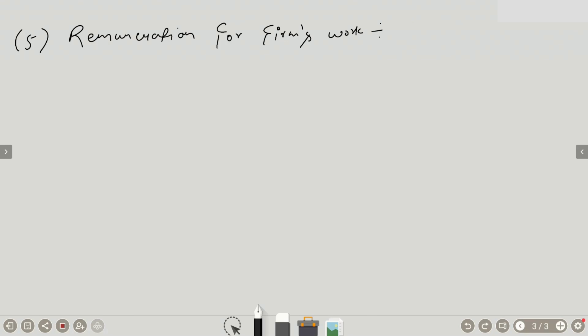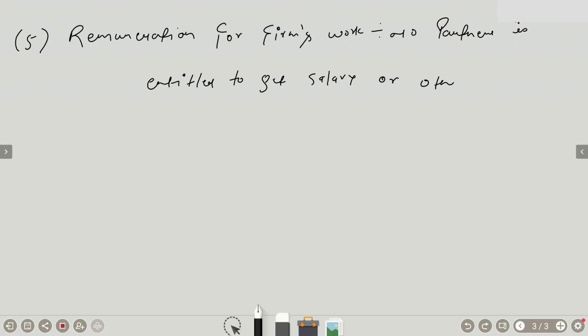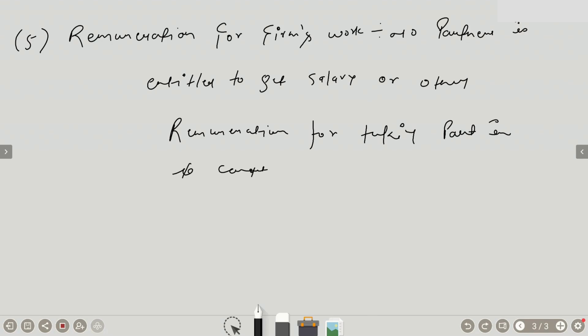So if the partnership deed is silent regarding the remuneration for firm work, no partner is entitled to get salary or other remuneration for taking part in the conduct of the business.